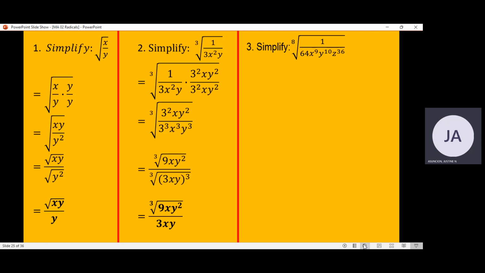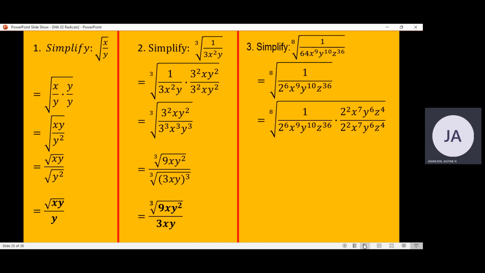We can multiply by 2 raised to 2, x raised to 7, y raised to 6, z raised to 4. As you can see, 64 is the same as 2 raised to 6.